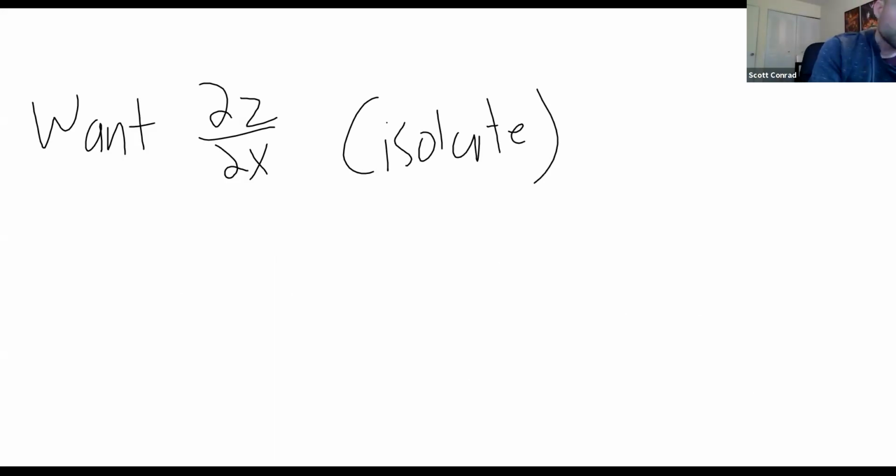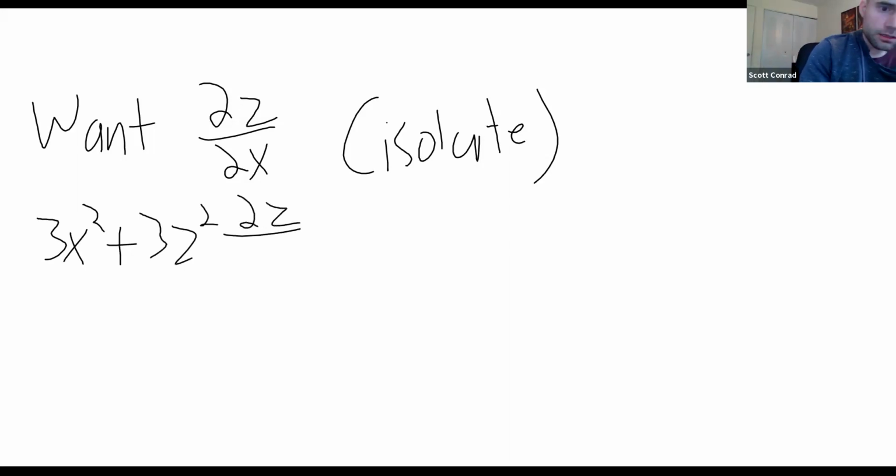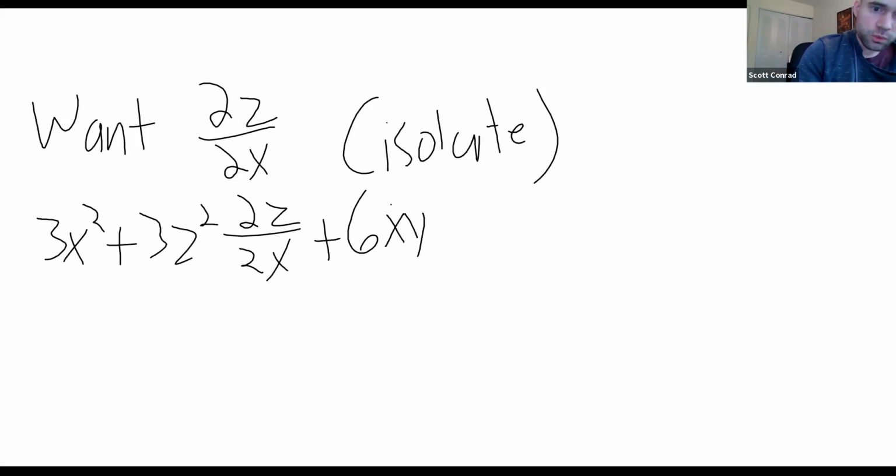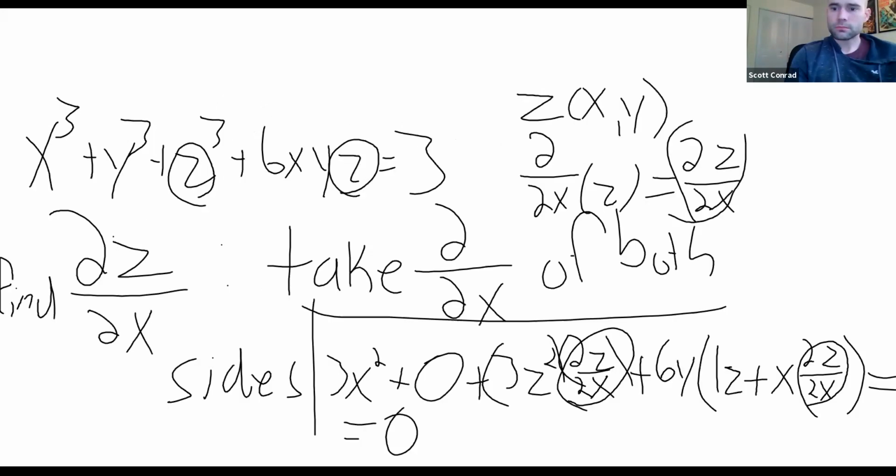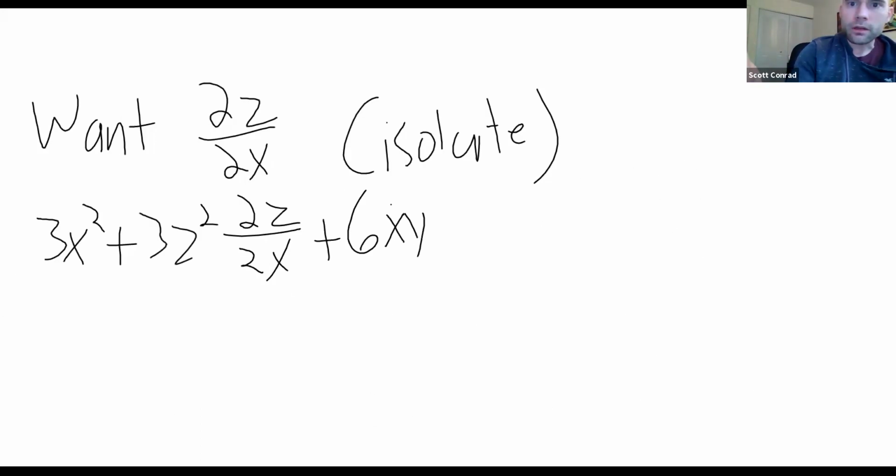So we had, let me rewrite it, 3x squared plus 0 plus 3z squared dz dx plus 6xy. I'm sorry, 6xz. 6x.